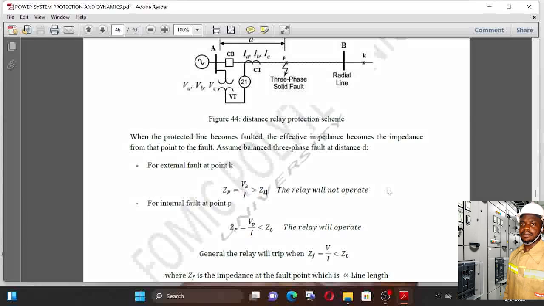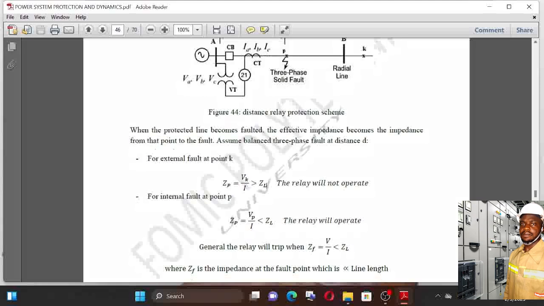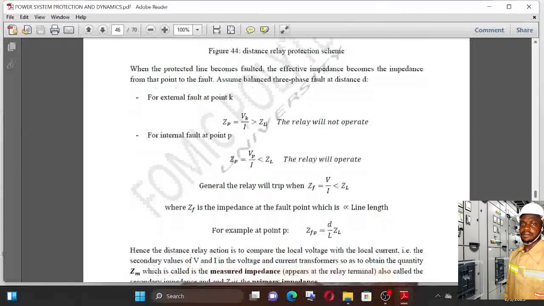Then for an internal fault at the point P, the impedance measured will be less than the impedance of the line, and the relay will operate. Then we have this relation as well.